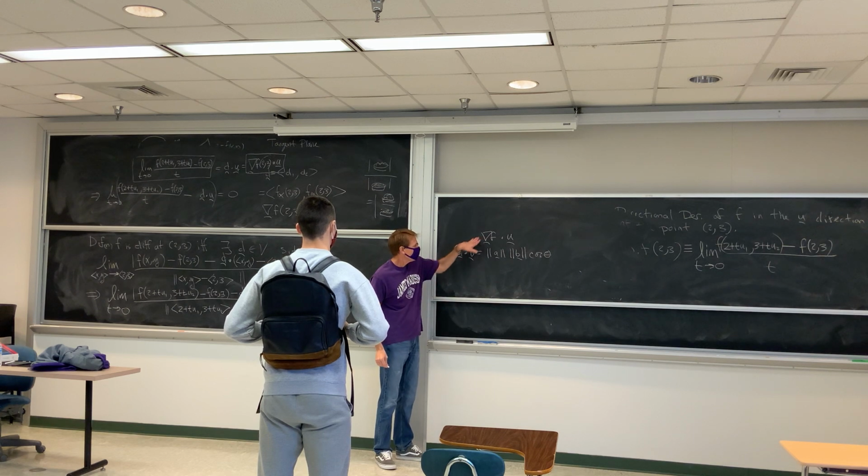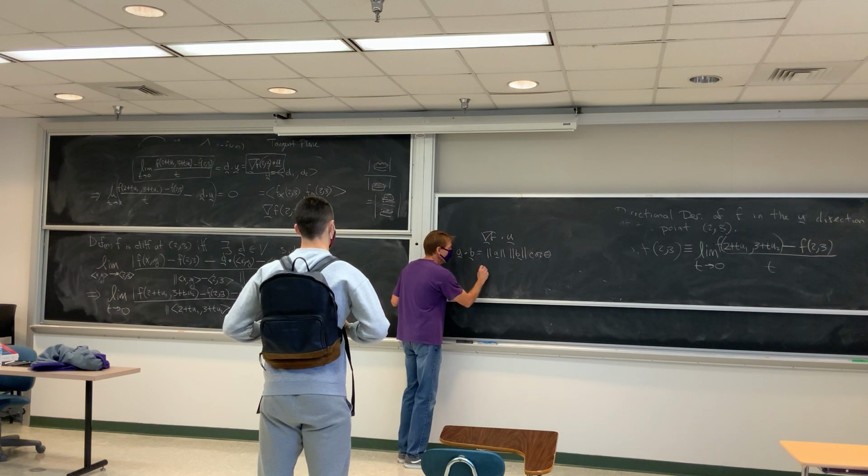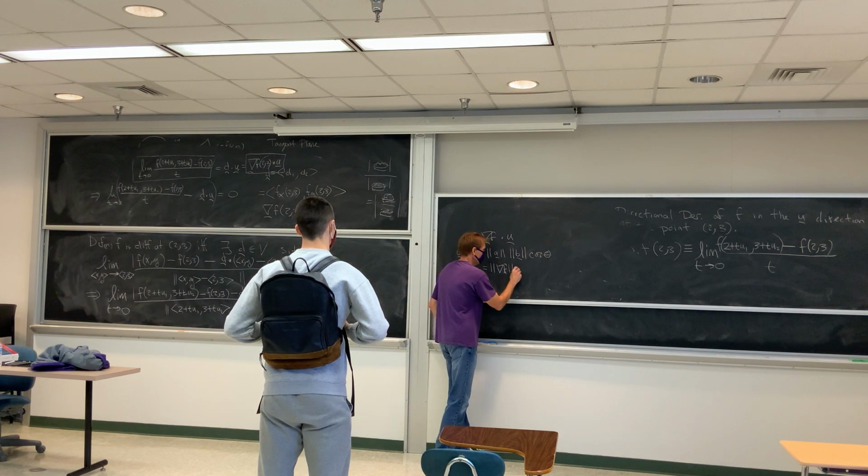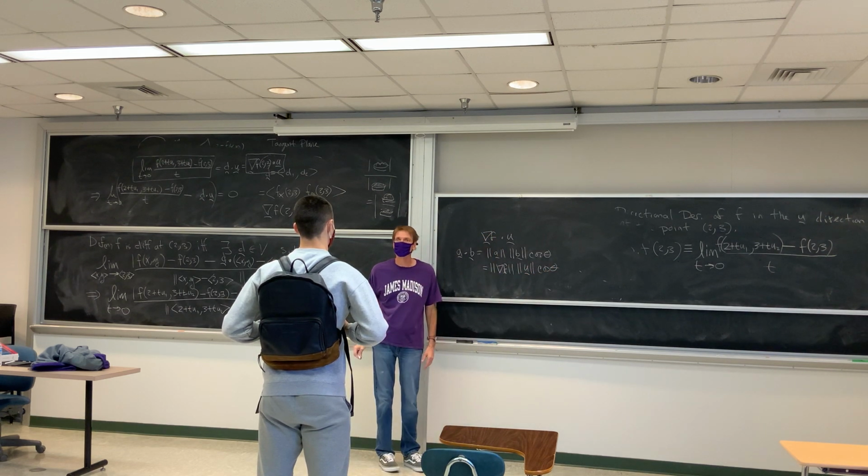That could be the same thing as the norm of the gradient times the norm of u times the cosine of the angle between u and the gradient.